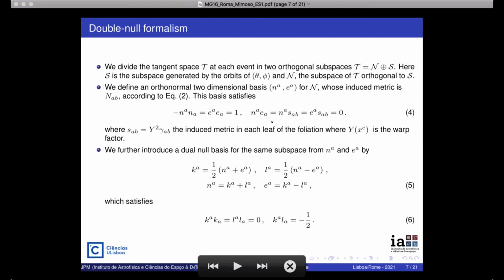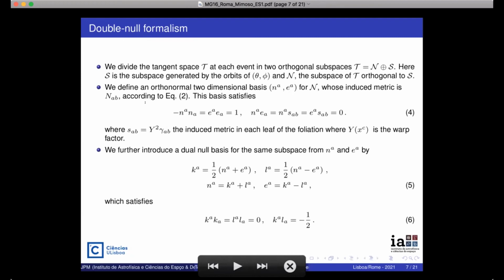But so we have a space-time where we can distinguish two orthogonal subspaces, one which is perpendicular to the leaves of this foliation with subspaces of constant curvature, and we have obviously the subspace generated by the orbits of theta and phi, which are just coordinates here, not necessarily the angles. We also have an orthogonal two-dimensional basis on the orthogonal space to the leaves with an induced metric.